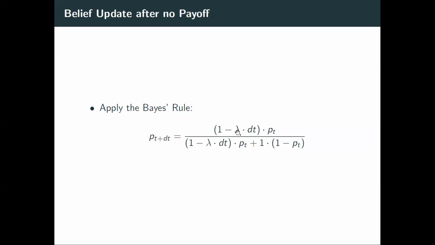You have an arrival probability lambda times dt in the time interval of dt. Therefore, the probability with which you do not have an arrival is 1 minus lambda times dt, and you substitute it in two places here. The probability with which you do not have an arrival if the risky arm is bad, which happens with probability 1 minus pt, is actually 1, because you never have an arrival for the bad risky arm. And therefore, your evolution can be written with this Bayes rule.